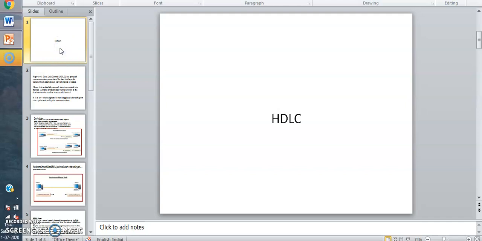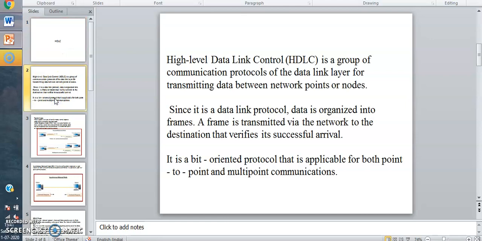So our next topic in data link layer is HDLC. What is HDLC? HDLC is High-level Data Link Control. It is a group of communication protocols of the data link layer for transmitting data between network points or nodes.